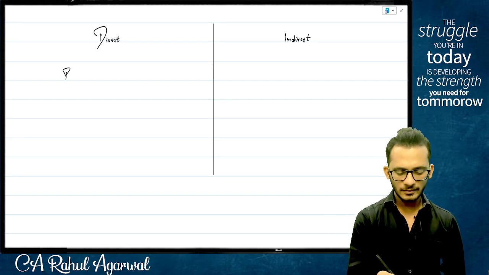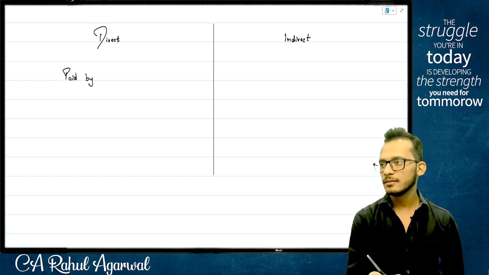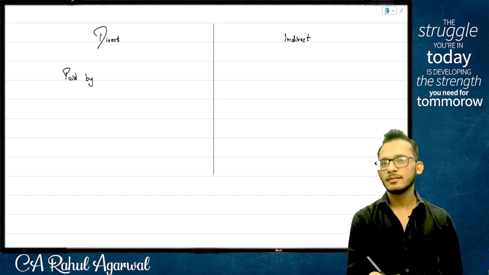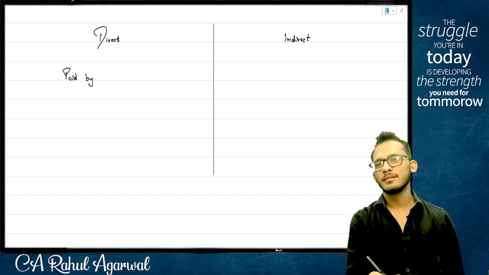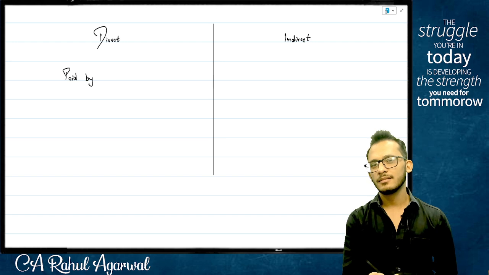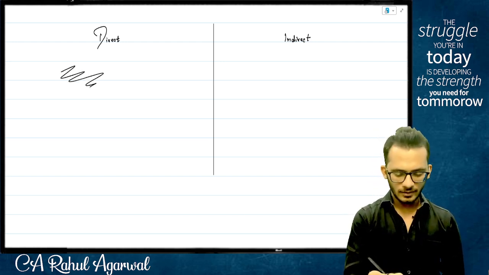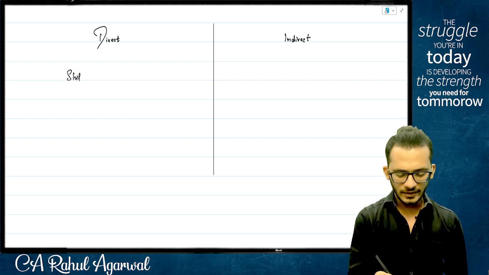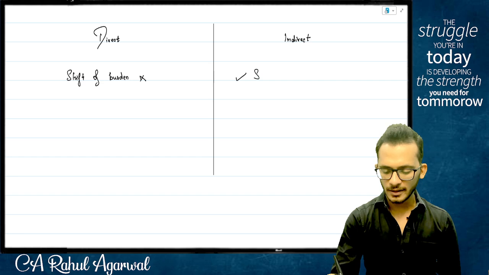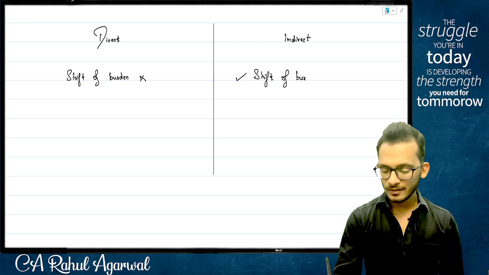Direct is paid by only individuals. Okay, so there is something called shift of burden, which is not allowed in direct tax, and here in indirect tax shift of burden is allowed. Okay, next, proportional.